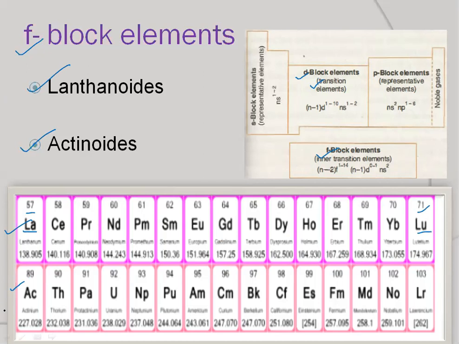The next series starts from actinium, whose atomic number is 89, and ends on lawrencium, whose atomic number is 103. All the elements present after lutetium and lawrencium are placed in D block. We already studied that. I hope you are watching all the videos.